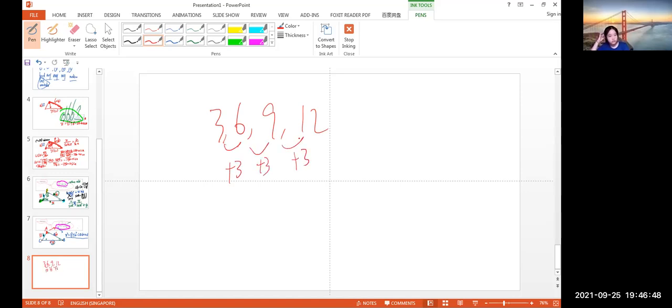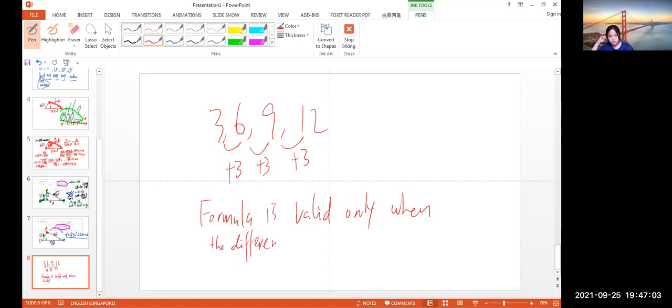So, okay, remember this formula, the formula is valid only when the difference is the same throughout.